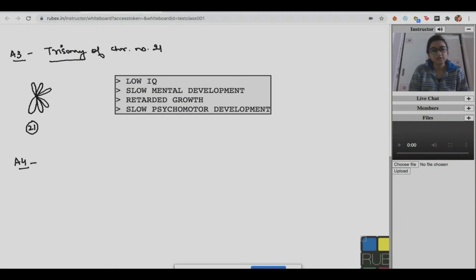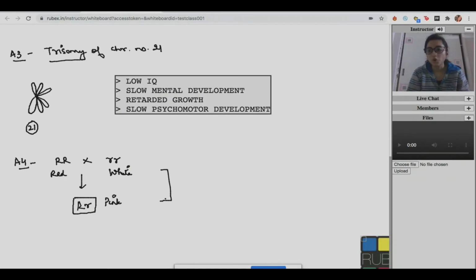The progeny all come out pink, where it should have been red if red is dominant, or white if white is dominant. So this inheritance pattern is known as codominance.